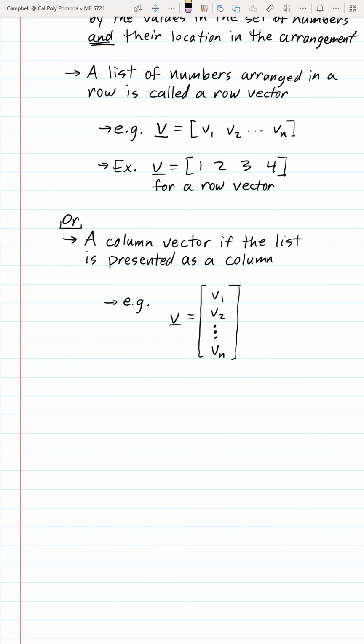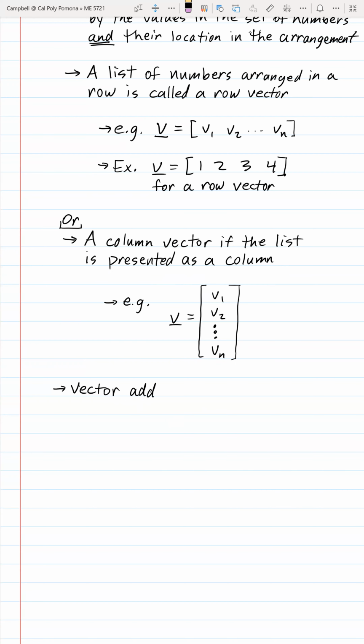So now that we have an understanding of this concept called a vector, or this arrangement called a vector, let's go ahead and start talking about mathematical operations associated with this particular type of entity.